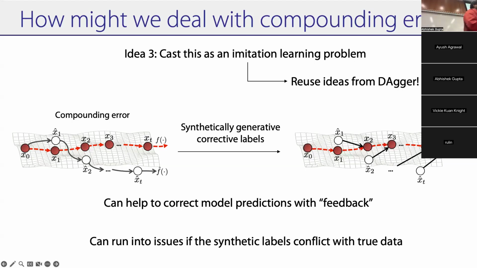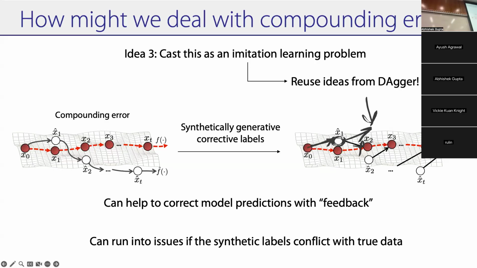But a challenge here is that you can have conflicting labels, right? So let's consider this case where you're generating labels. You went off and generated a label that brings you back here. But imagine that your true data actually also included this point, and your true data wanted you to go here, right?